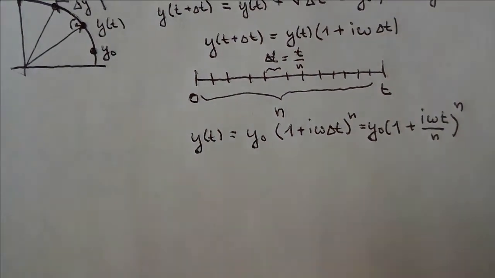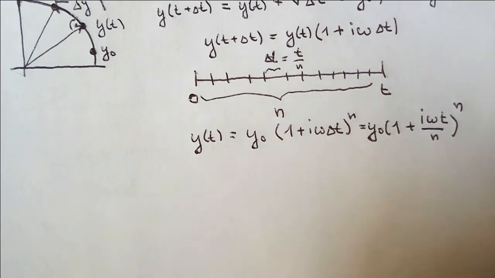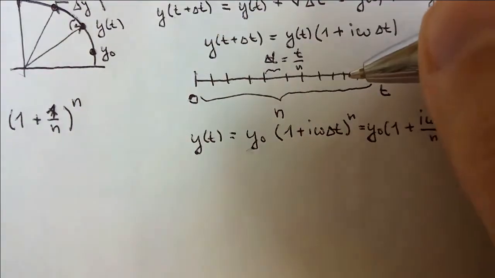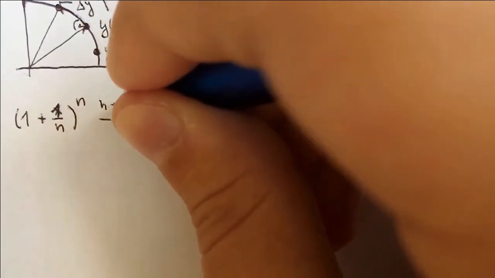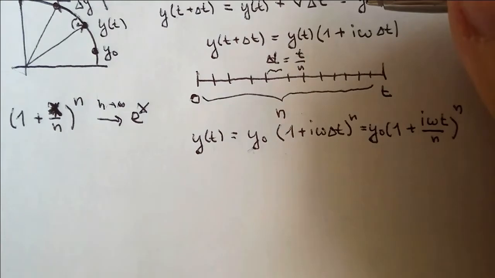Many of you will notice that this is very similar to 1 plus x divided by n, to the power n, because in the limit this will approach Euler's number when n is infinity, and with x, this is just a complex exponential.